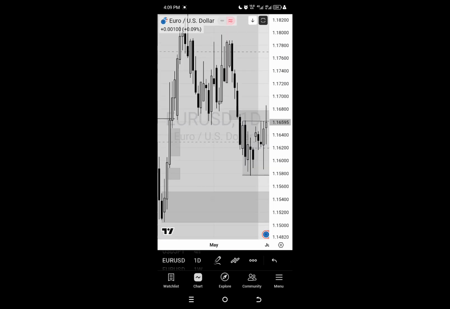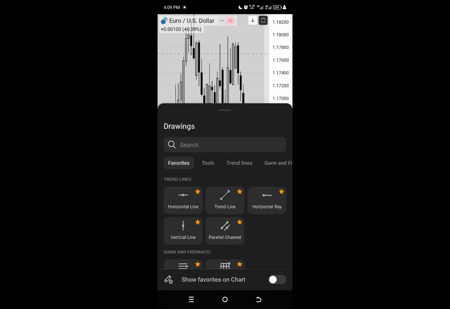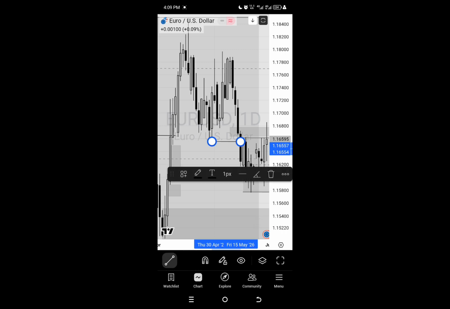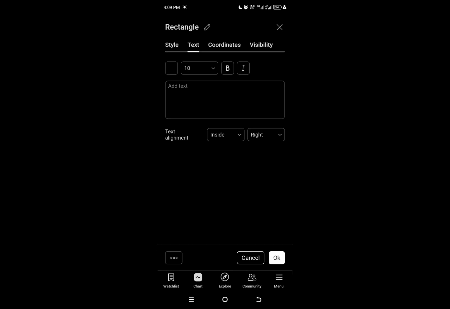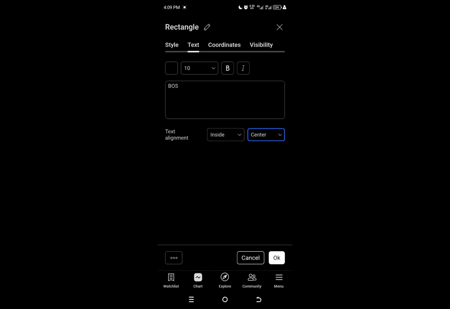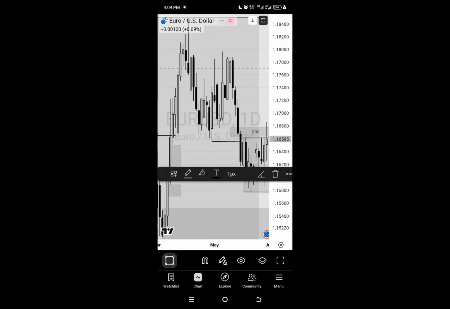You can call it a break of structure. You can call it a break of structure, guys. That is our break of structure.